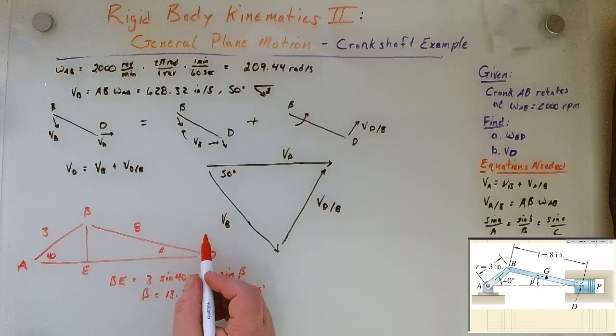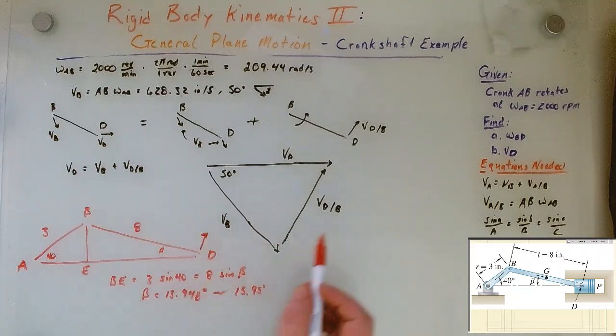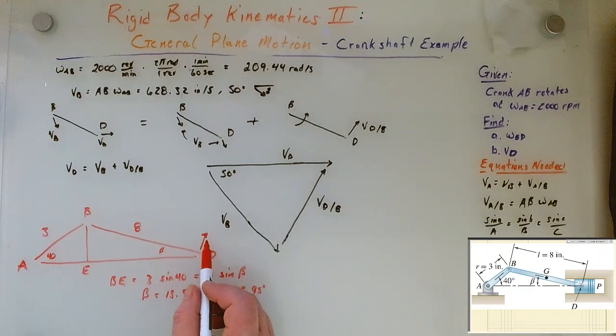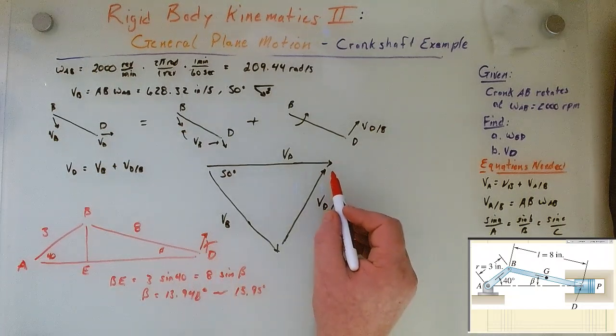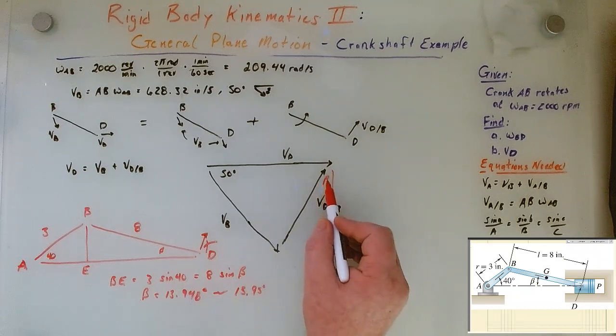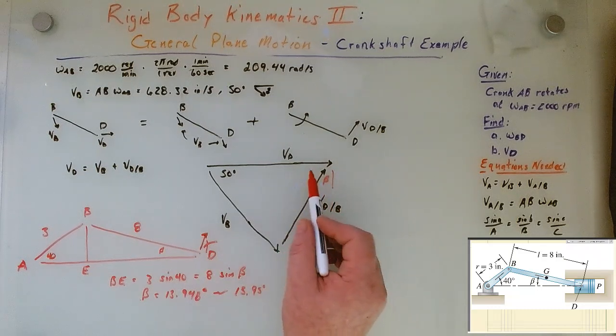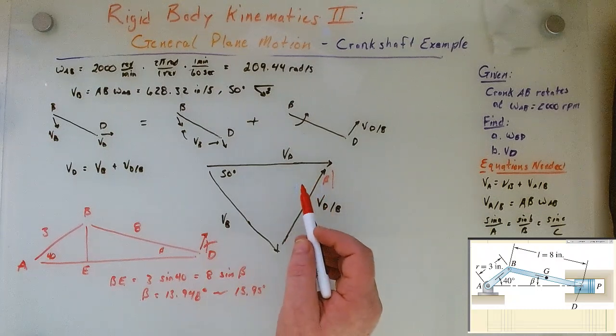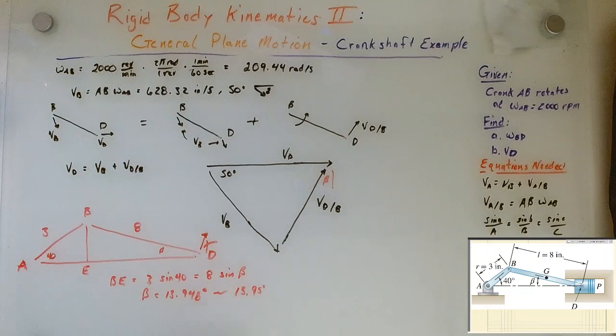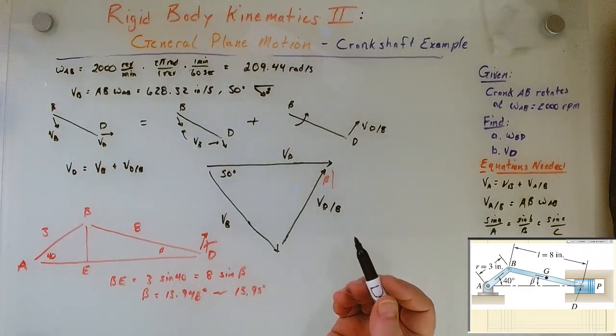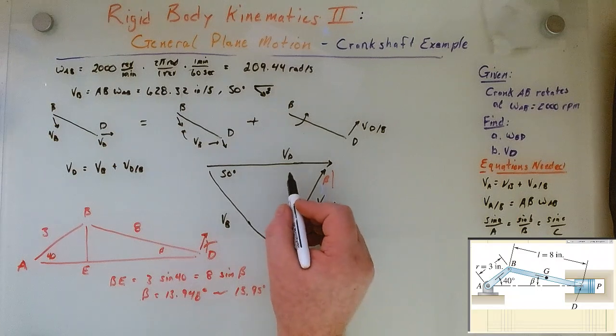Okay, that tells us that this angle is 13.95, and if we impose this v, the velocity of D with respect to B, then that means this vertical angle right there is also beta. So this angle here is 90 minus beta. 90 minus 13.95 gives you 76.05.